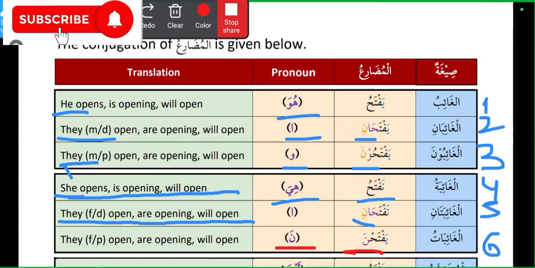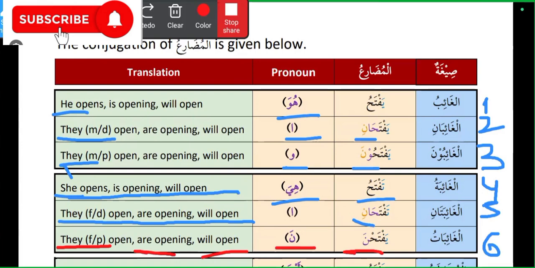And then how can we translate it? We translate it like this: they all ladies. Here he has written feminine plural, FP, which is jama muannas. So they, jama muannas, like they all ladies open, or they all ladies are opening, or they all ladies will open.